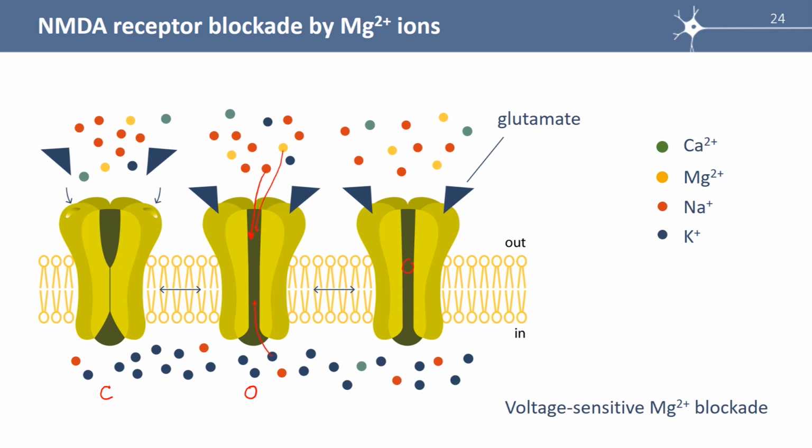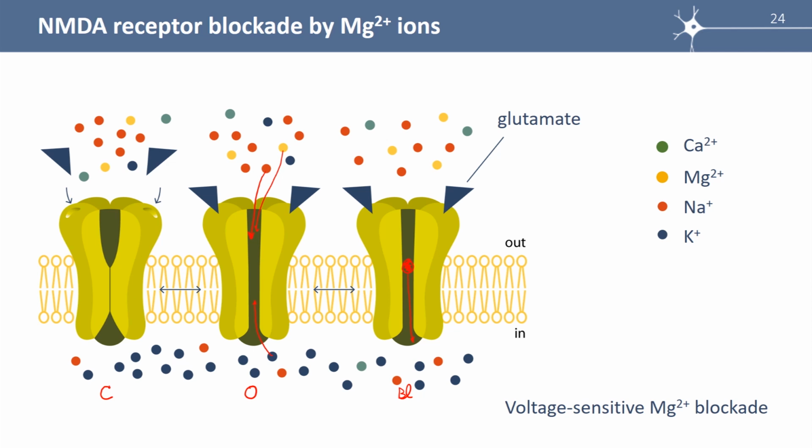Magnesium ions can block the channel, so here it's in a blocked state. And the channel is going to flicker between the open state and the blocked state, because sometimes magnesium ions can go through and the channel unblocks, but it flickers a lot between these two states.